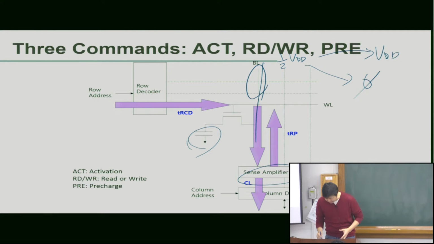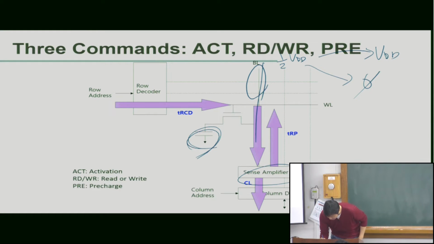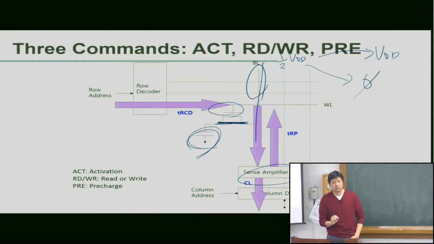Okay? So I'm going to come back. So what this sense amplifier does is it amplifies the value of this cell value to make it complete 1 or complete 0 depending on the value of it. Okay? And then once you are done, you need to actually close this row. So what I mean by closing this row is that you first need to disconnect this connection. So you need to actually disconnect it from this bit line from this charge cell.